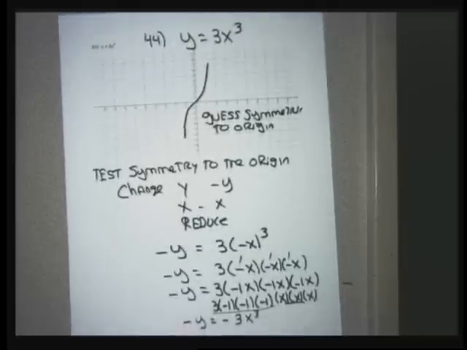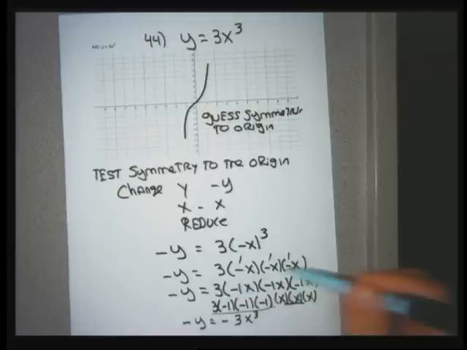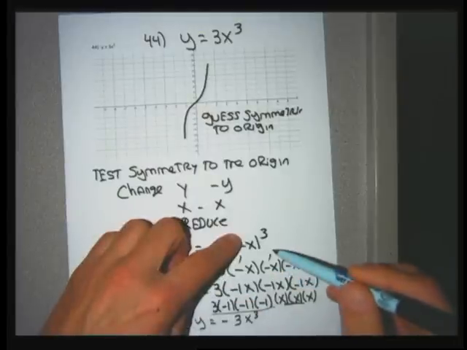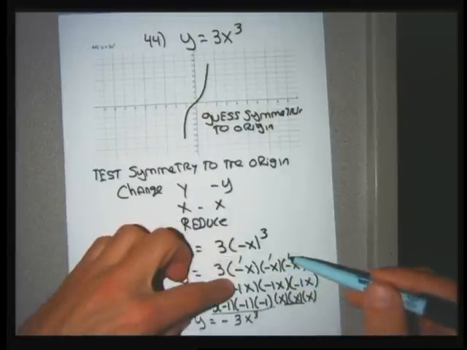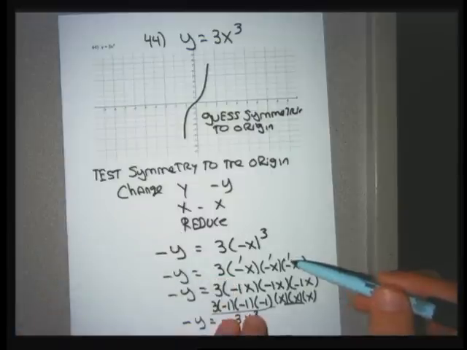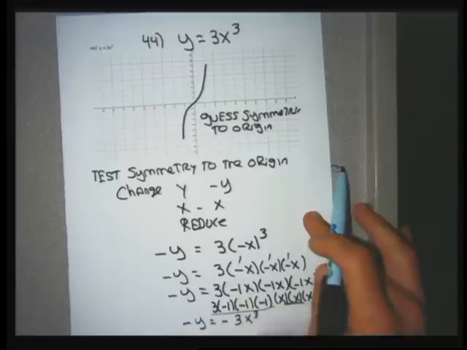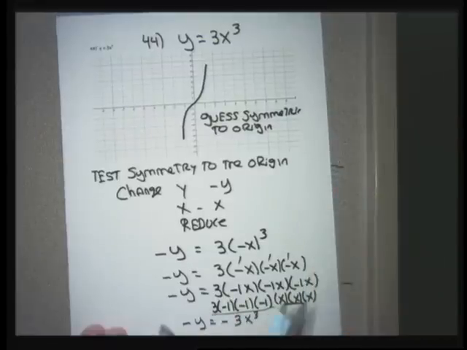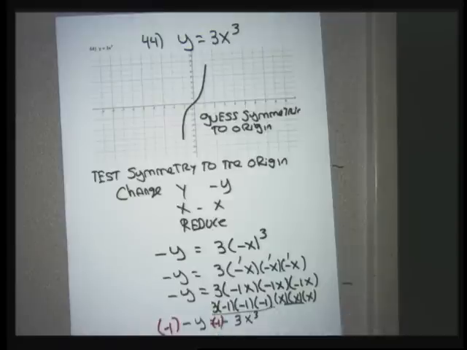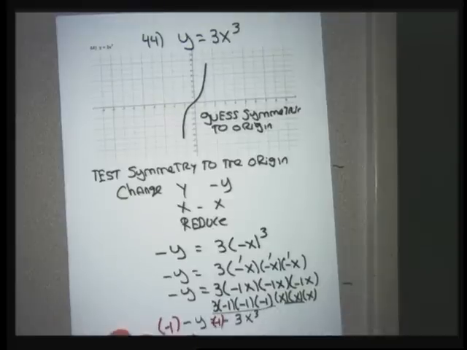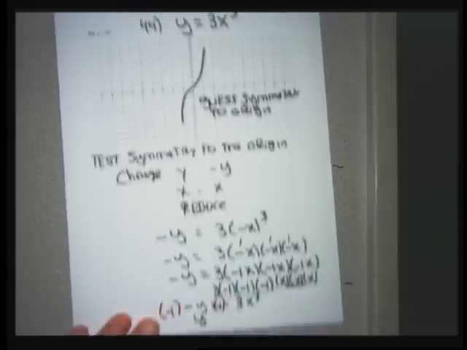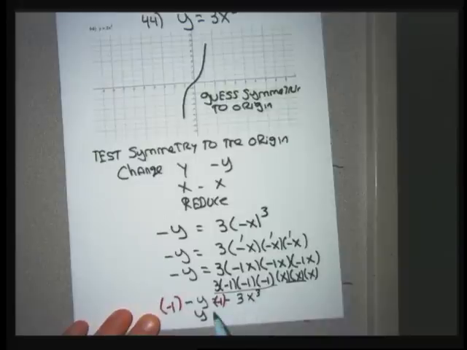That's not the original problem. So I separated negative x cubed into the negative 1x's, multiplied the negative 1's together, multiplied the x's together, and now I'm going to multiply both sides by negative 1. On the left side, negative 1 times negative y, I multiply 2 negatives, I get a positive. On the right-hand side, negative 1 times negative 3, I get a positive 3.